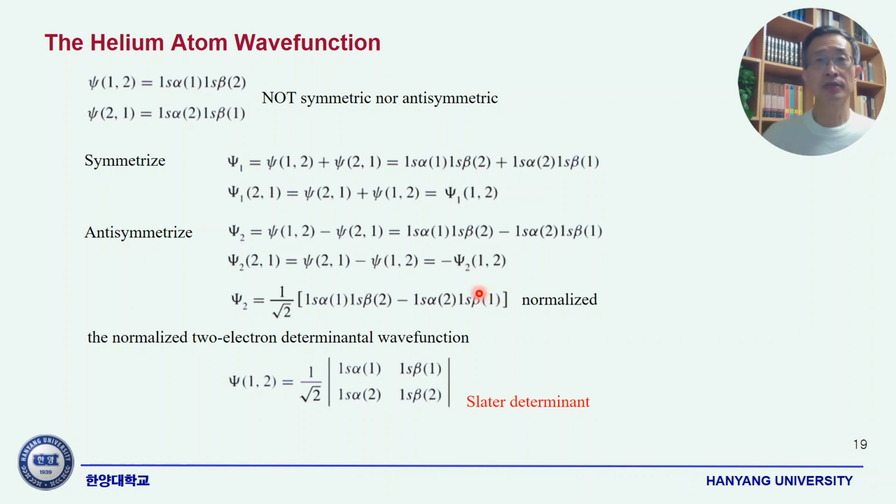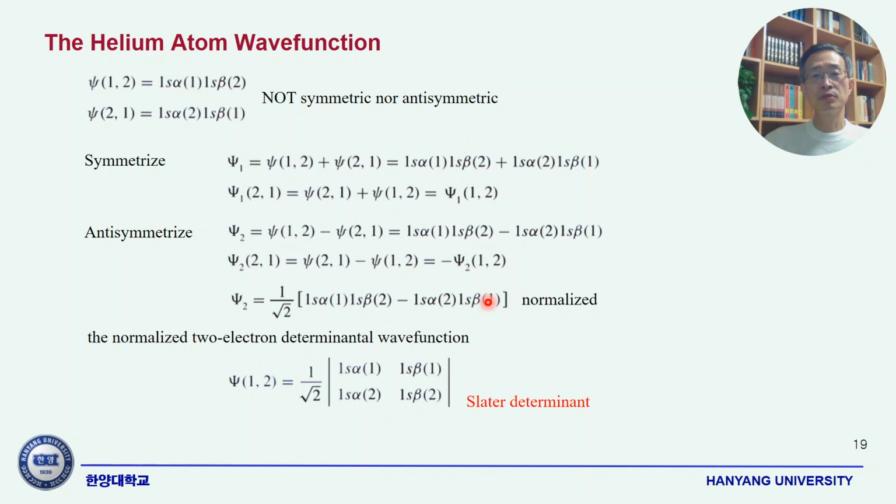If you take a look at this more closely, it could be represented in this way: 1 over square root 2, 1s alpha 1, 1s beta 1 on the first row, and 1s alpha 2, 1s beta 2 on the second.